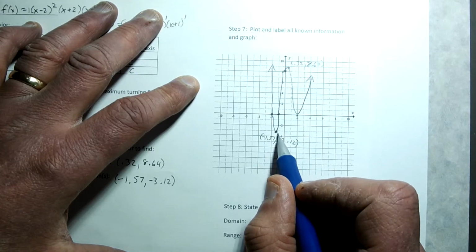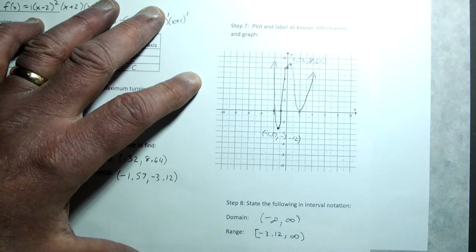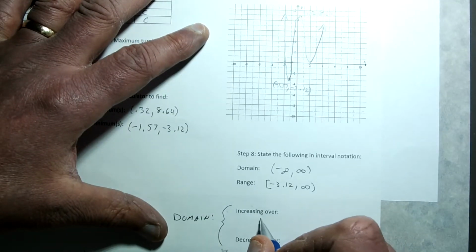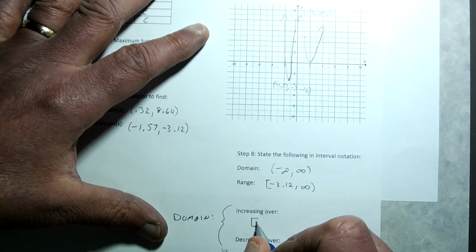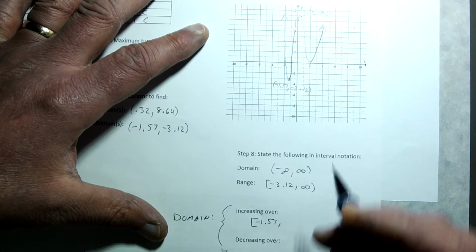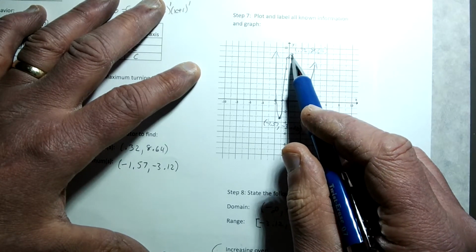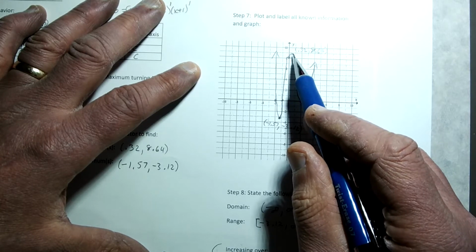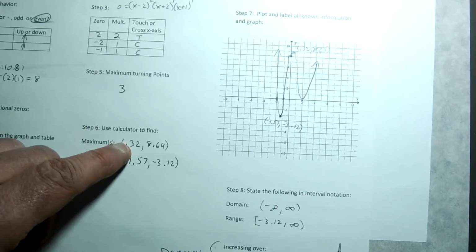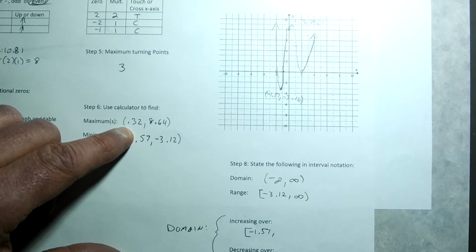So the x-coordinate that the increase begins on in this segment is -1.57. So I'm going to say that this function is increasing from -1.57 until it reaches this point right here, right? This maximum point. And that x-coordinate is 0.32. And you can watch over here also. I have these values right here. You don't have to pick them just off the graph. It might be hard to see.